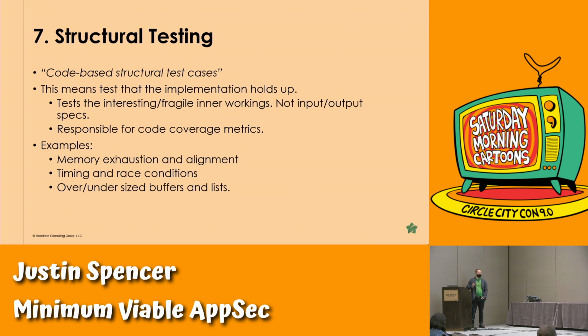These are all things that don't show up when you're just doing input-output testing on whether it behaves the way it's supposed to. This is more of a stress testing of the actual implementation. I can't give you specific details because this totally depends on your language and your environment. But as a concept, go ahead and do some structural testing to stress the actual implementation.